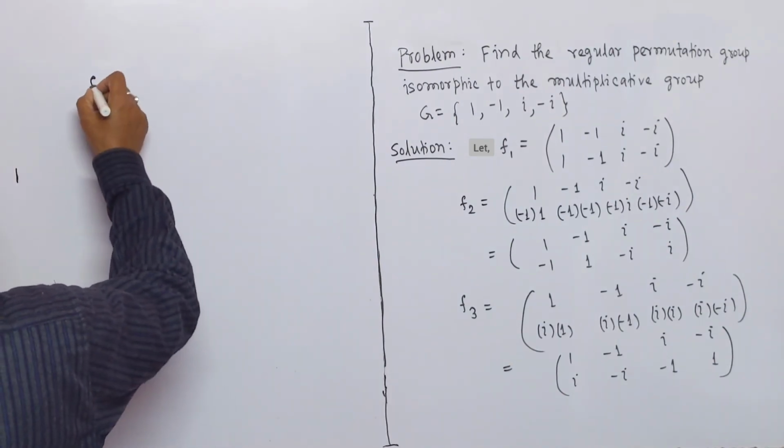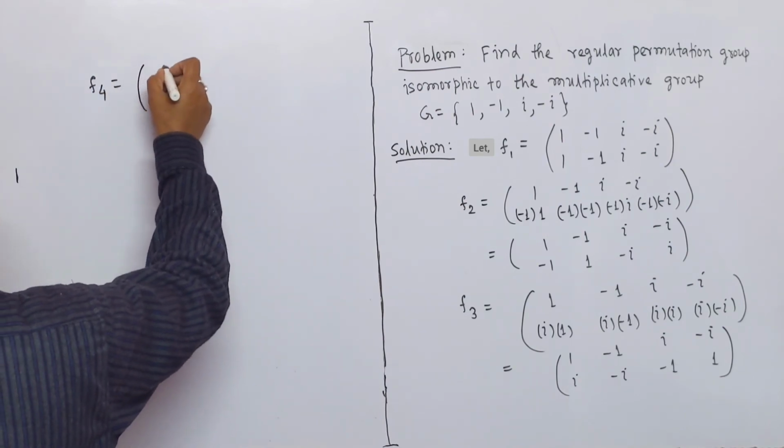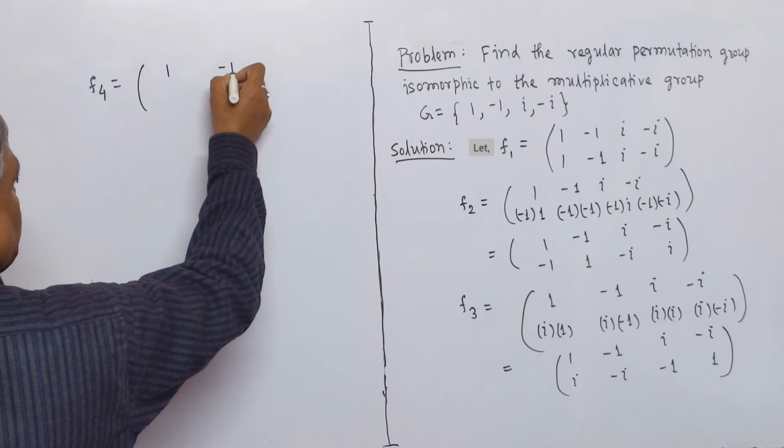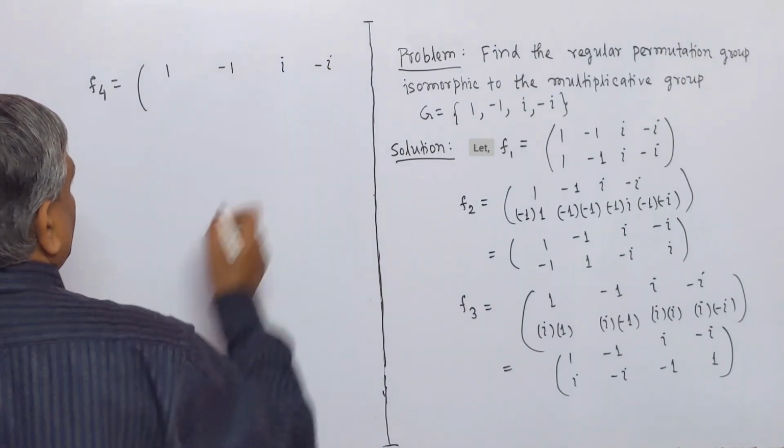F4 equal to, here we write 1, -1, i, -i.